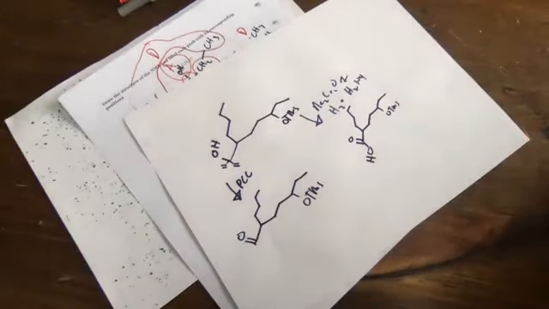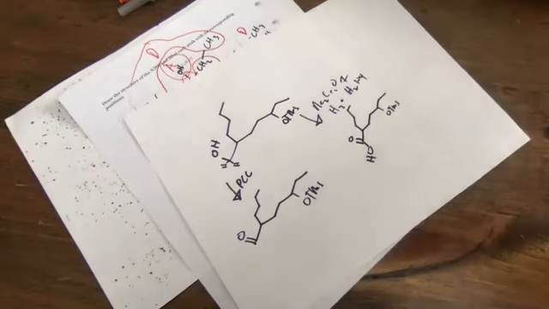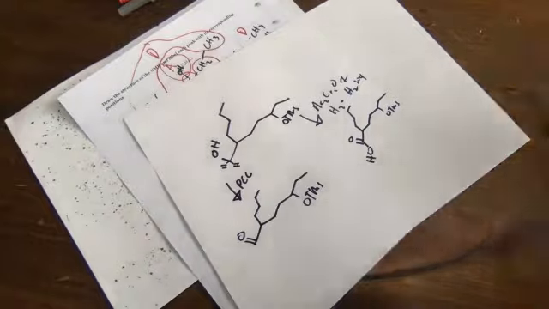If not, I'm going to be on office hours for the next. Oh, wait. Someone asked, can you go over when we use NaBH4 versus LAH? Yeah, so I'm going to pull up that first example that we did when we were talking about synthesis.